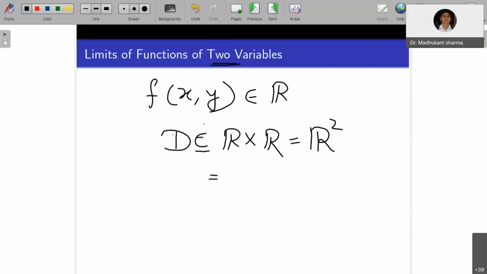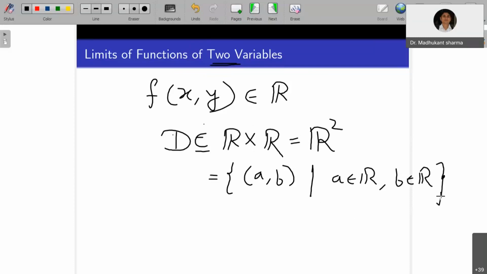It is defined as the set of pairs of points (a, b) such that a belongs to R and b belongs to R. This is the set of all points. So the domain is a subset of R cross R and the values lie in the reals. Similarly, you can extend one more dimension: (a, b, c), R cubed. That's the space, and this is the generalization.